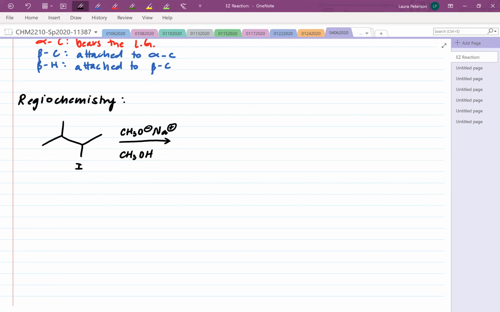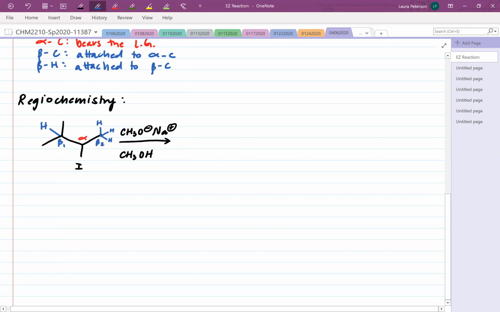Let's use our alpha beta terminology. Alpha is the carbon that bears the leaving group, and then we have the beta positions that are attached to alpha. Whether I remove the beta hydrogen at beta 1, which I'll draw in, or one of the hydrogens at beta 2, I would get a different product.